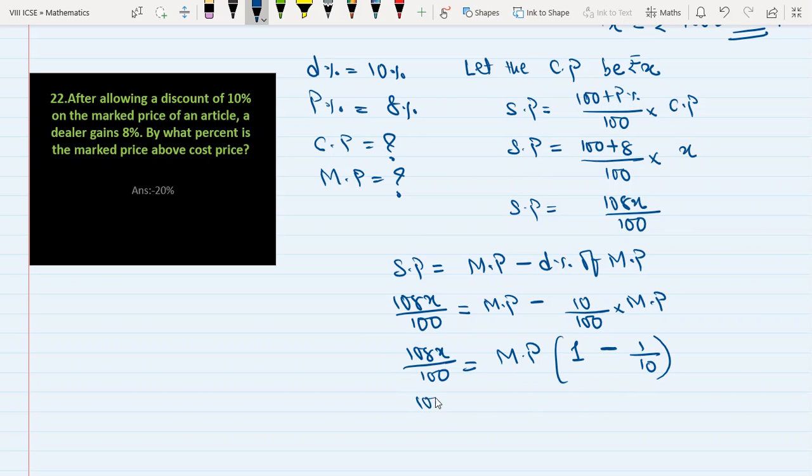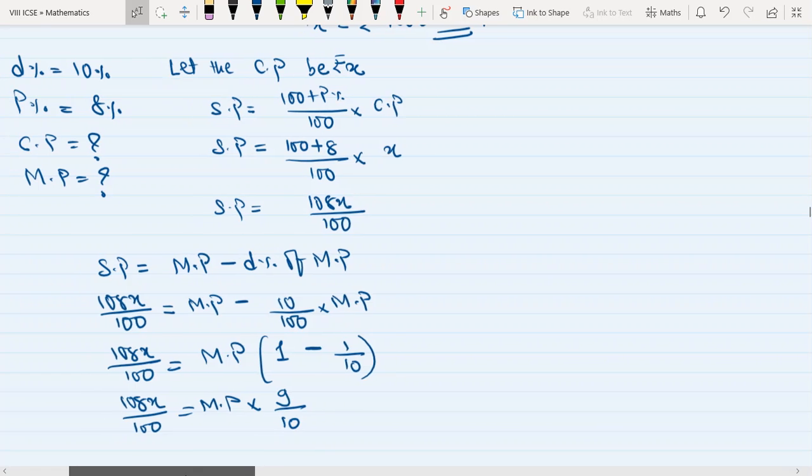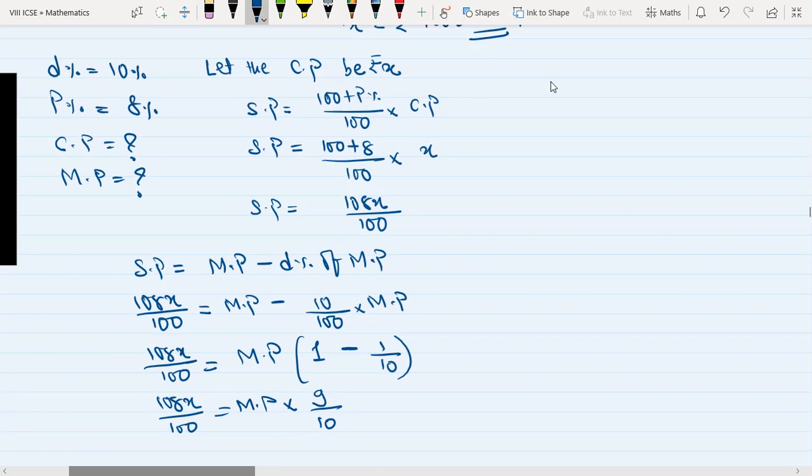So 108x by 100 is equal to mark price multiplied by 10 minus 1, 9 by 10. Let's simplify this further to find the mark price in terms of x. We are very close to the answer. 108x by 100 multiplied by 10 by 9 is equal to mark price.